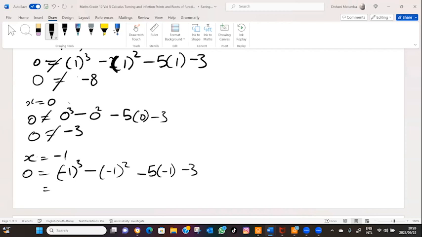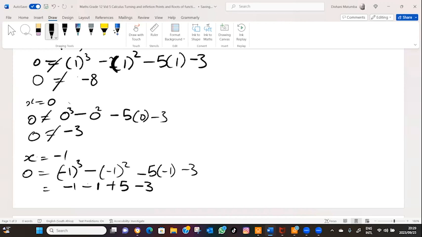Let's see. This will be minus 1 plus minus 1 minus 1. This will be a plus. Negative times negative, this will be a plus 5 minus 3.